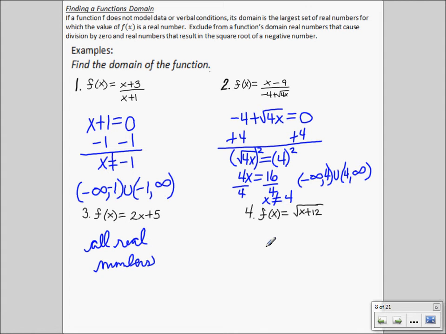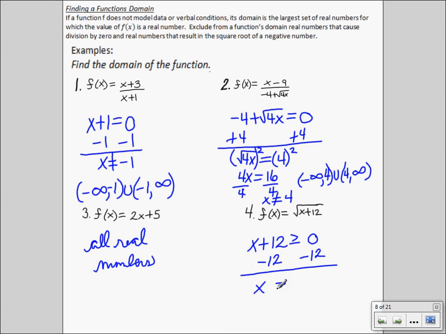With number 4, f of x equals the square root of x plus 12. So what you want to do is take what's under the square root, leaving the square root behind, just x plus 12, and set it greater than or equal to 0. Now just solve for the variable by subtracting 12 on both sides.